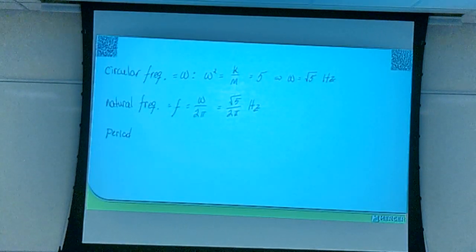Finally, your period, capital T, is always just 1 over the frequency. And period is measured in seconds, in this case.